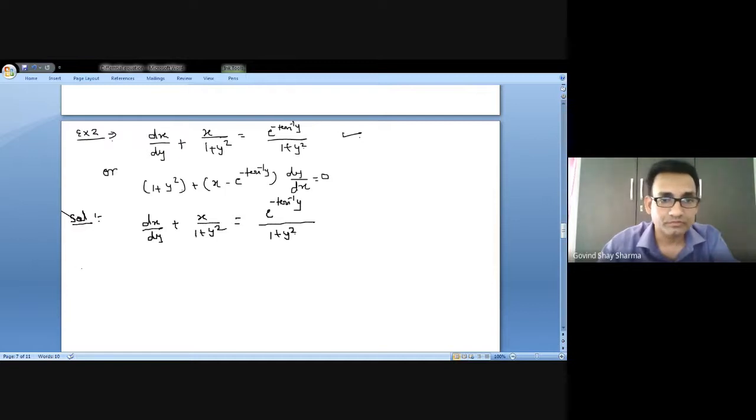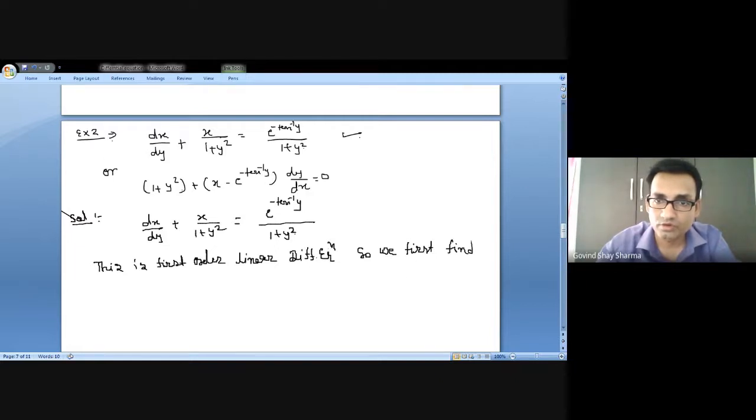So this is a first order linear differential equation. So we first find the IF of the equation. How do we find out IF?